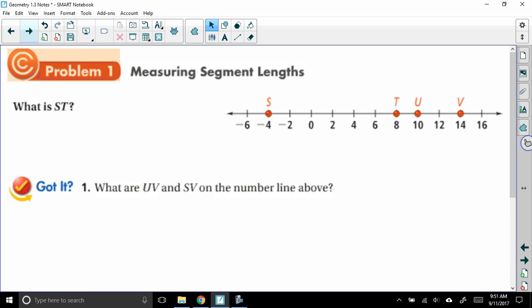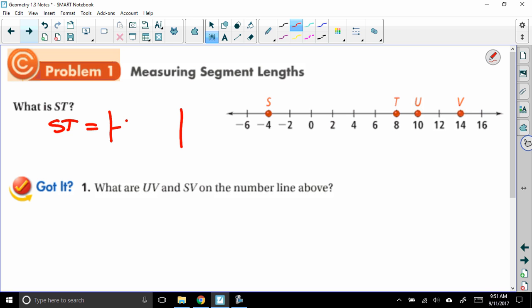So problem 1, it says, what is ST? Well, you might say ST is a line segment from S to T. Well, it is. But when they're asking what is ST, they're looking for a number. ST would be the absolute value of the difference between the coordinates S and T. So following the ruler postulate, we would set up that equation, because the coordinate of S is -4 and the coordinate of T is 8.